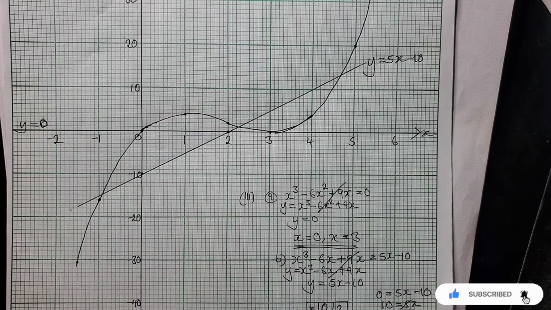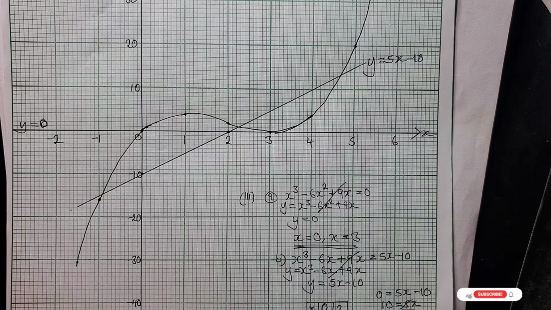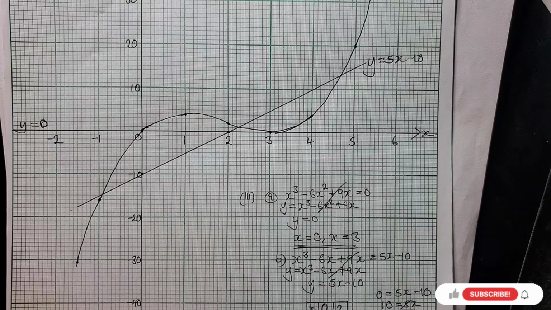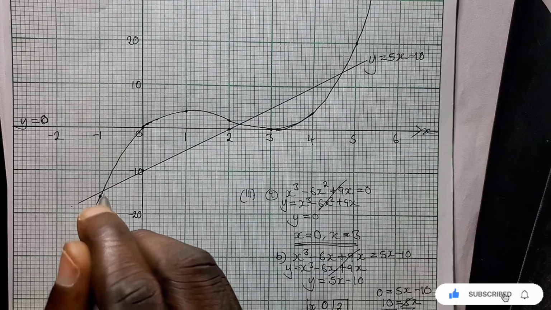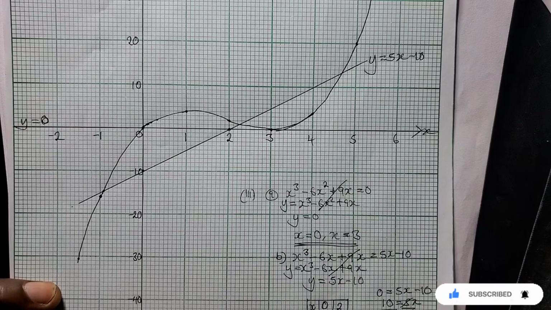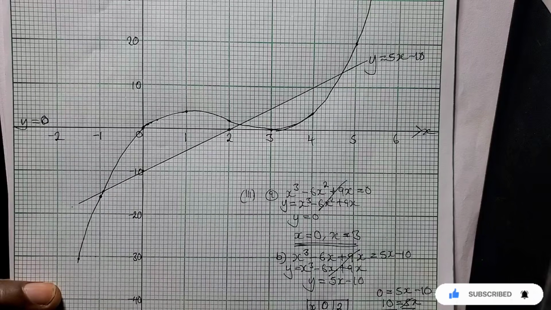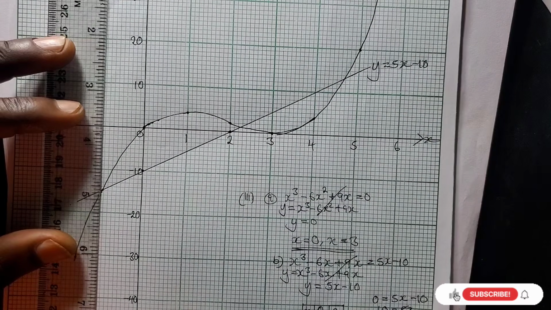Then look guys, this is not the end. At how many points does this line cut the curve? It cuts the curve at 3 points. So this is number 1. Let me just draw the line here. We need to know the value of x here.